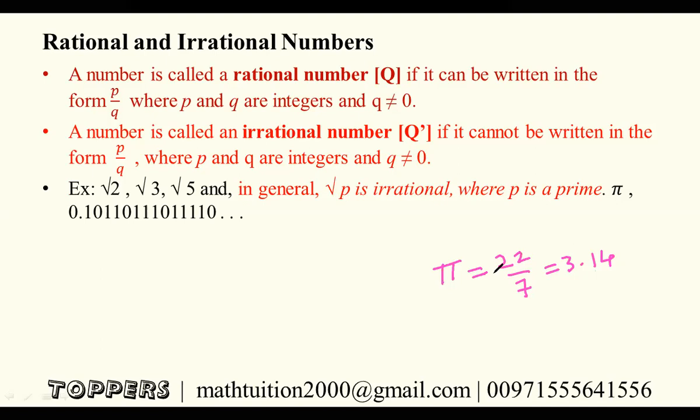But actually, these are all approximate values, not exact values. The exact value is non-terminating, non-recurring. So pi is considered an irrational number. e is an irrational number. Similarly, 0.10110111011110, non-terminating, non-recurring. So all these come under irrational numbers.